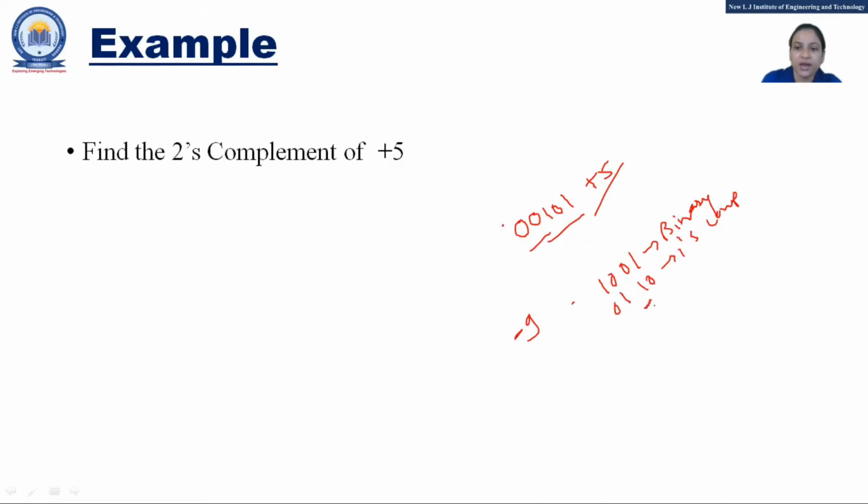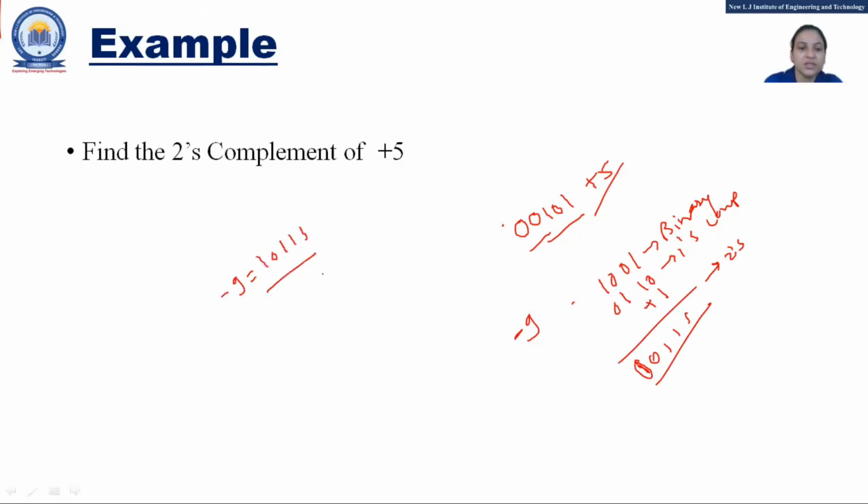And I have to add 1 to get the 2's complement, that is 0, 1, 1, 1. And I have to add 1 extra bit for the sign. So for minus 9 using 2's complement, I get 1, 0, 1, 1, 1.